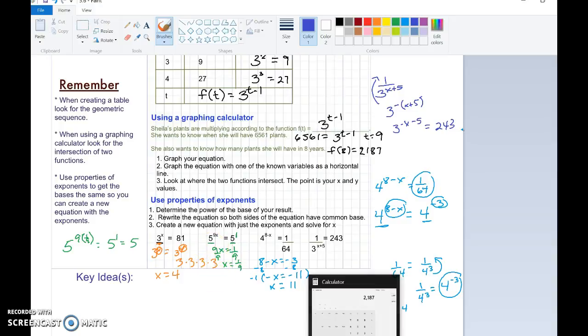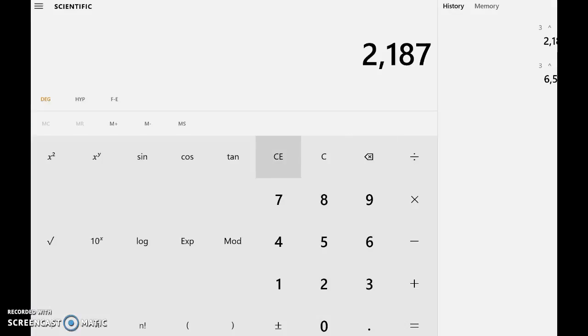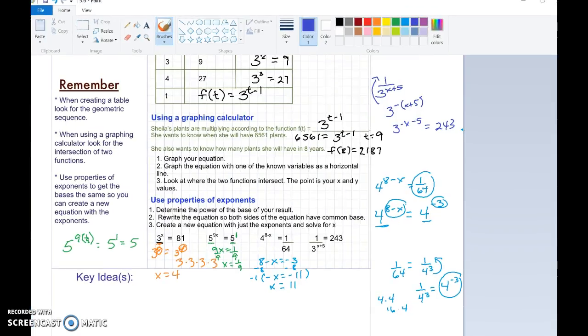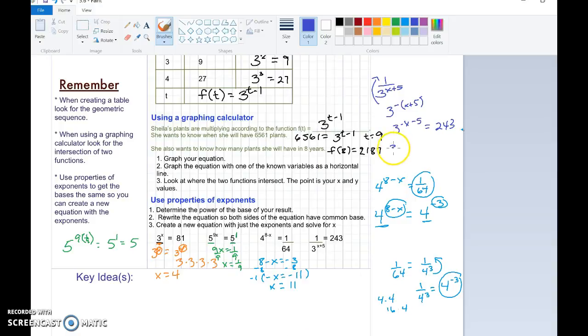What happens if I multiply 81 times 3? Aha, I get 243. So that must mean that 3 times 3 times 3 times 3 times 3 is 243. So I can say that 3 to the negative x minus 5 is equal to 3 to the fifth power.